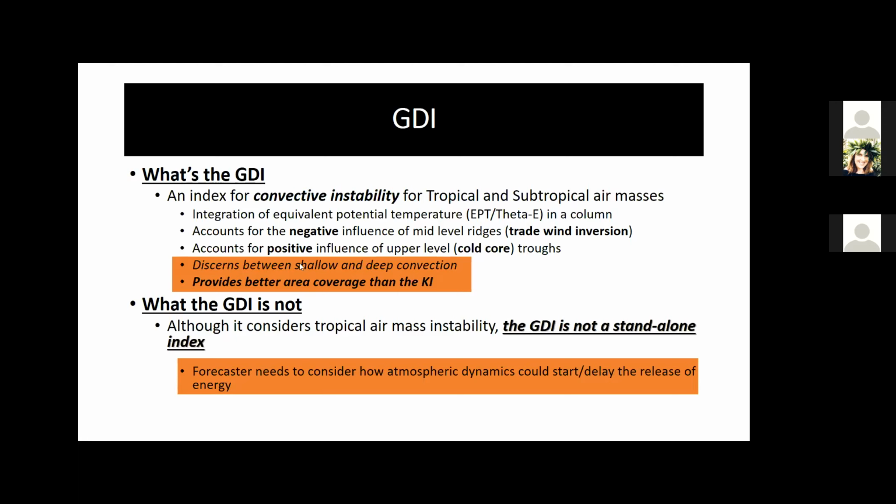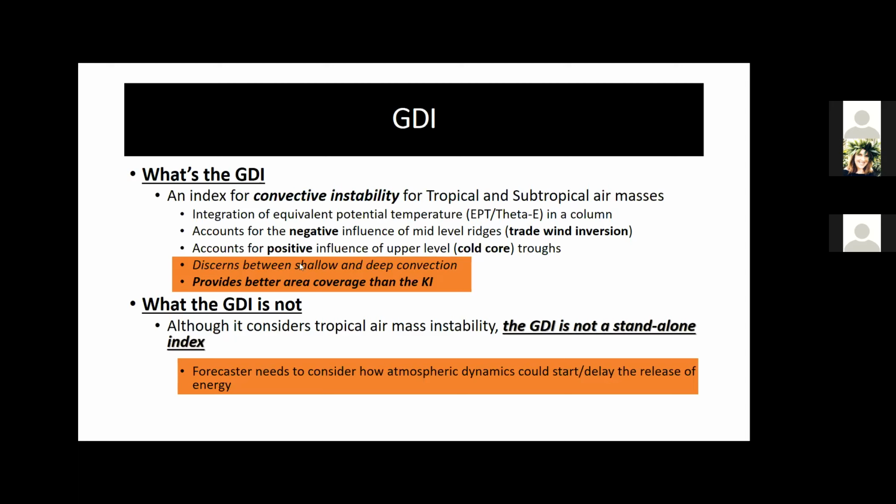One of the advantages of the GDI is that it takes into account the negative influence of mid-level ridges, and also the positive influence of upper level perturbations like cold troughs. And one advantage over the K index is that it can clearly help you discern between shallow and deep convection.